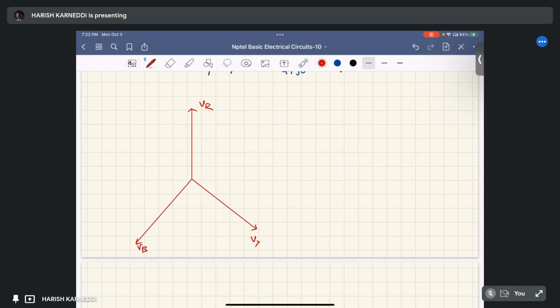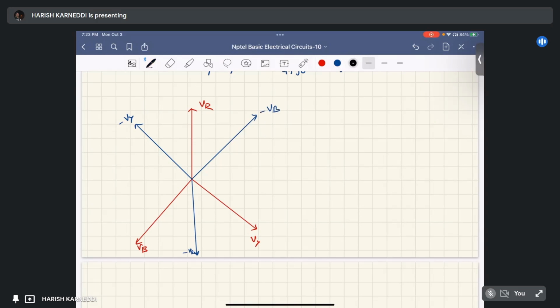Okay, R Y B or A B C. What is the line voltage VRY? VRY is VR minus VY, right? It means VR, and this is minus VY, this is minus VR, this is minus VB.